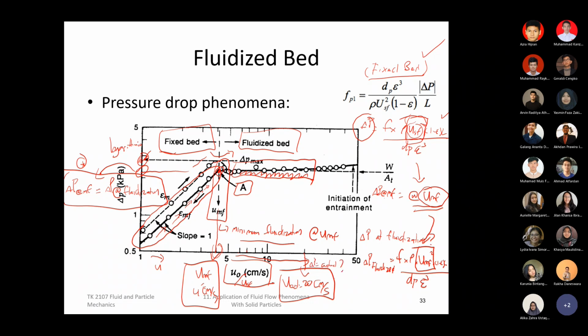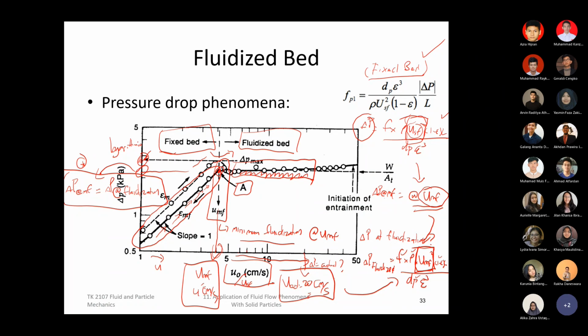How can you calculate this delta P at 20 centimeter per second? So simply go to this formula. Calculate the Reynolds particle so that you can calculate the F. Use the rho, the epsilon, the particle diameter. But the big decision-making process is to use the correct UMF.